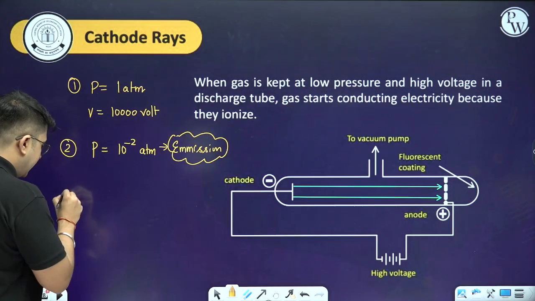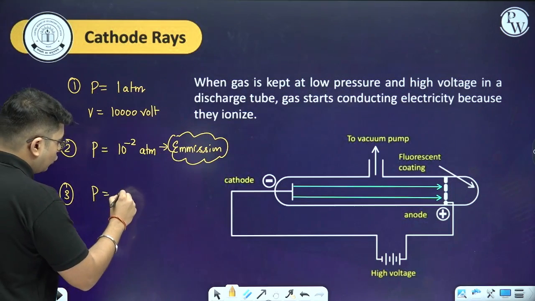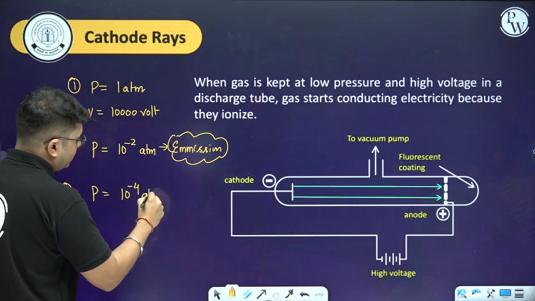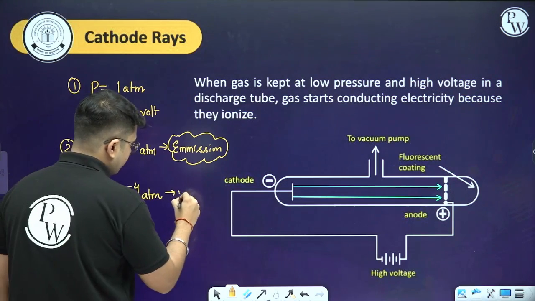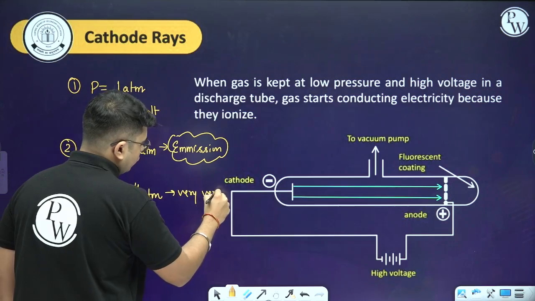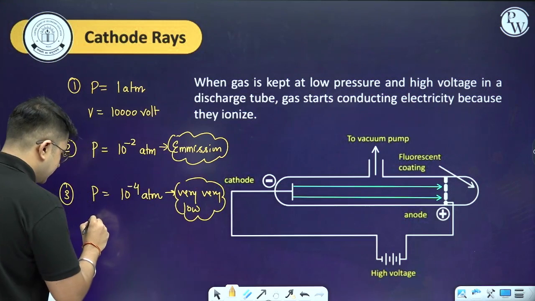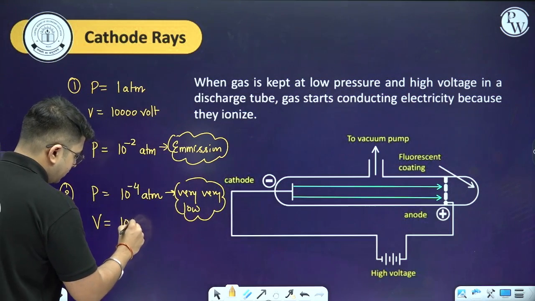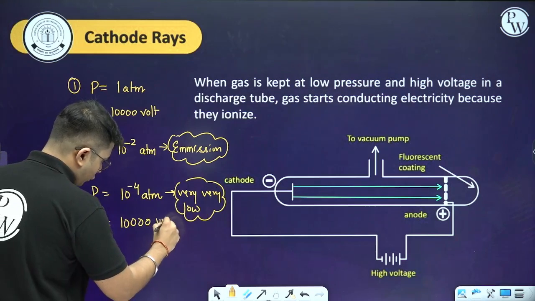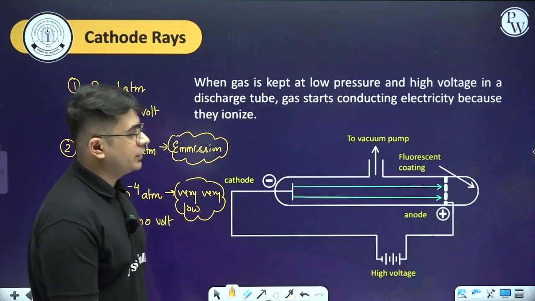Now he took the entire setup at very low pressure, which is approximately 10 raised to the power minus 4 atm, and the voltage was again 10,000 volt, which is very high.